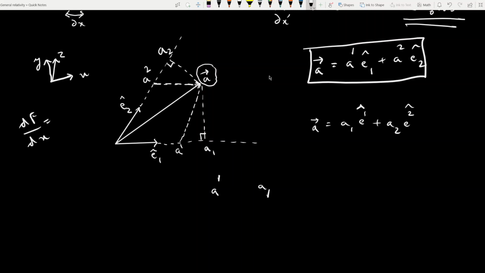Say we have a coordinate system here. This represents f, this represents x. Now say this is a function, so the change in f, df, should be this vertical section right here, and the change in x should be this part right here.